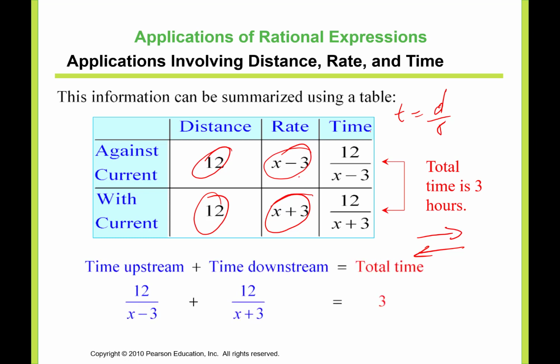Now to add both of these, it's very easy. This is where the algebra comes in. We've got two ways to do it. What we could do is multiply this by x plus 3, and multiply this by x minus 3.